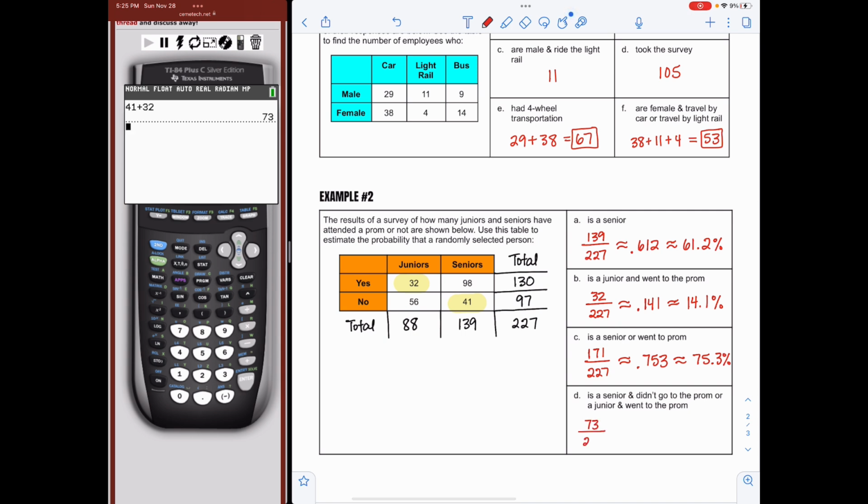And 73 out of 227 people, it would have been 0.322, which is approximately 32.2%.